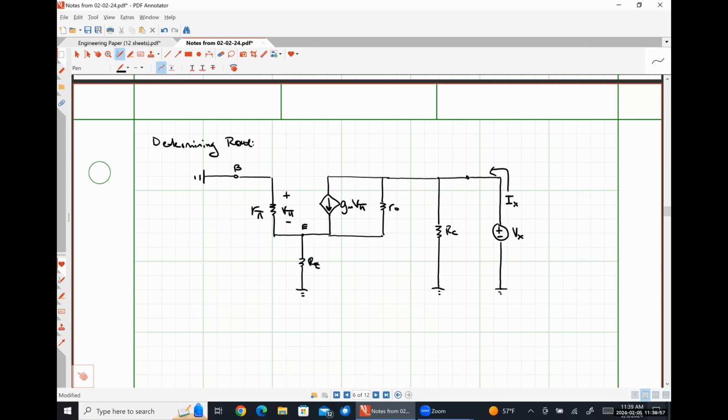So this is the circuit that I'm analyzing here.